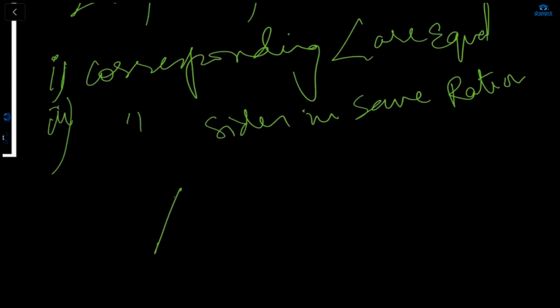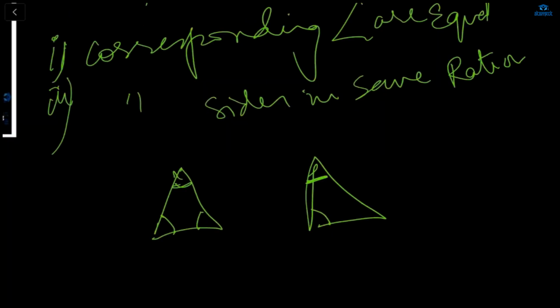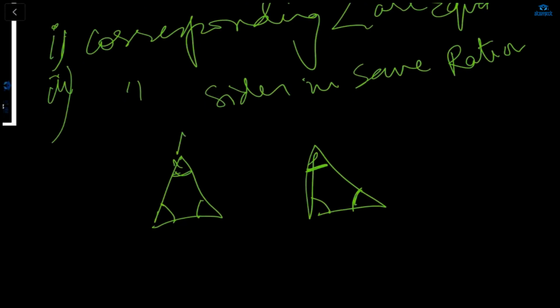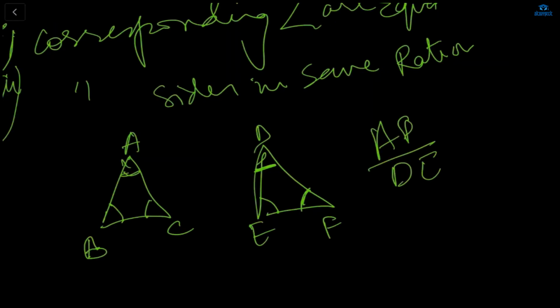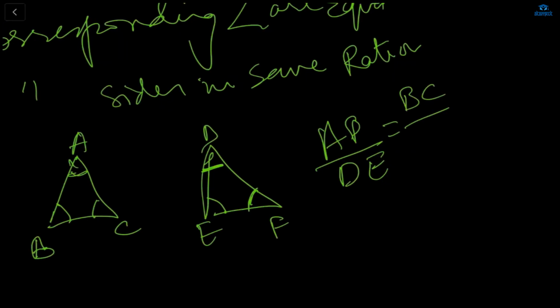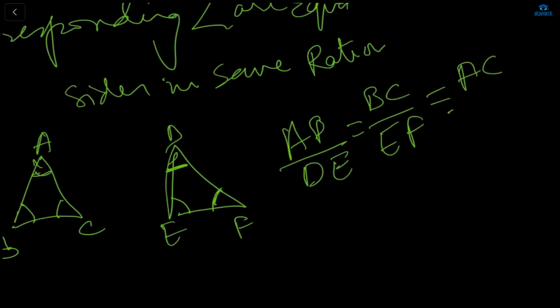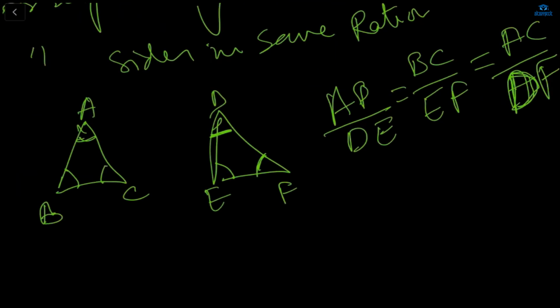That means if you see 2 triangles ABC and DEF, to see whether they are similar or not, you have to check that their angles are equal, and also that the sides are in the same ratio, that means AB by DE is equal to BC by EF is equal to AC by DF. So the ratios of the sides are equal. If these 2 conditions exist, that means the figures are similar to one another. I'm not asking about equality, but similarity.